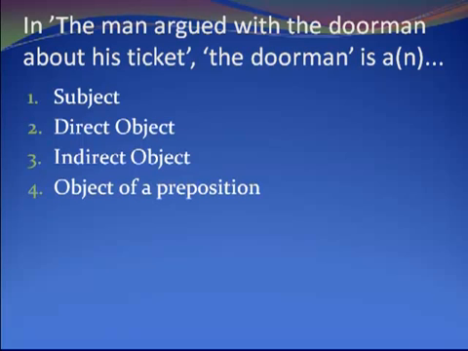We can actually move "with the doorman" around in the sentence. So we can say, "The man argued about his ticket with the doorman." So you can see that "with the doorman" goes together, and that means you've got a preposition with a noun phrase. Together it forms a prepositional phrase, and so the doorman must be the object of the preposition.